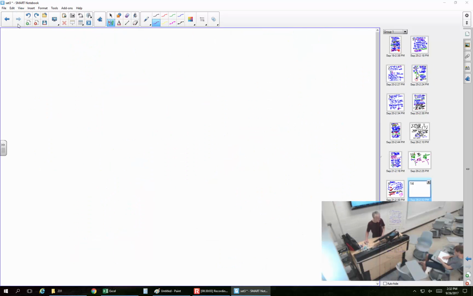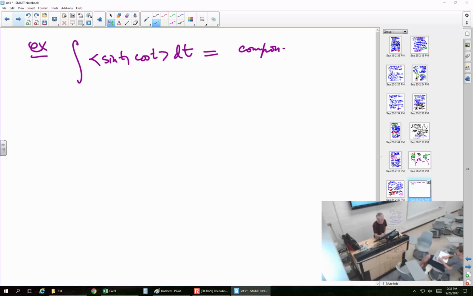So say I want to integrate sine, cosine, indefinite integration. This is an okay, kind of cumbersome, but okay notation. And then I apply the theorem about integration component-wise. We didn't really state that one.